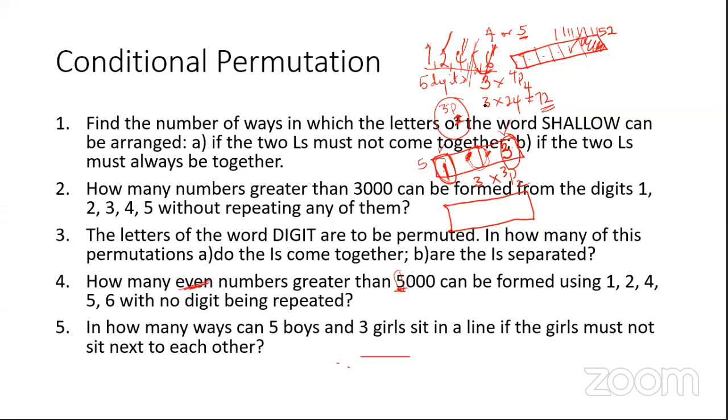So if 6 must now start, the end and the first. If 6 must start, it means I have only the option of 6 that can start. That's one option. In such a case, if I want to go to the back, I can't have 3 again because 6 has already started. 6 cannot end again. I can't repeat. If 6 must start and it must end, it means I've repeated a digit twice.